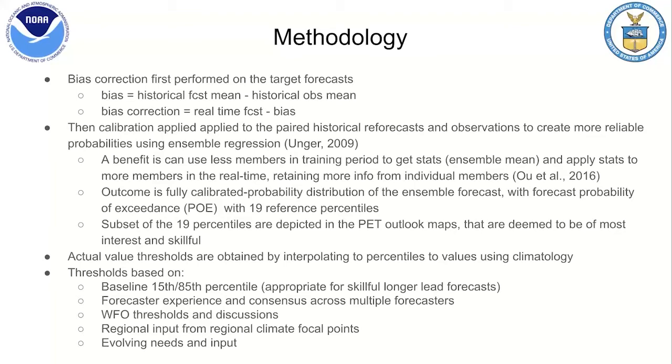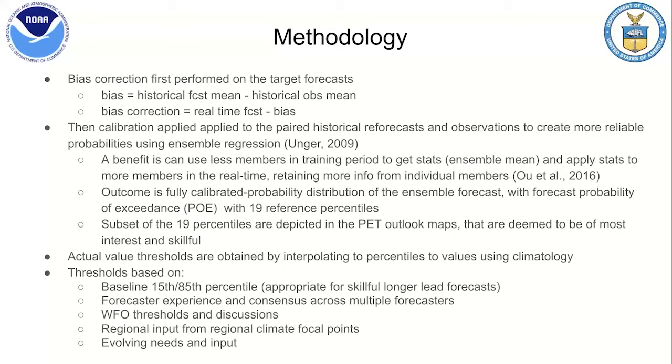The actual values that we see in the thresholds are calculated by interpolating the percentiles to a value. So we're not explicitly calculating the probability of exceeding an actual value like a temperature or precipitation amount, but we're calculating the probability of exceeding a percentile, and then that percentile is back-calculated from the climatology to what the value would be.